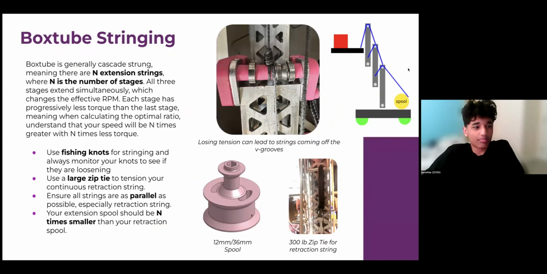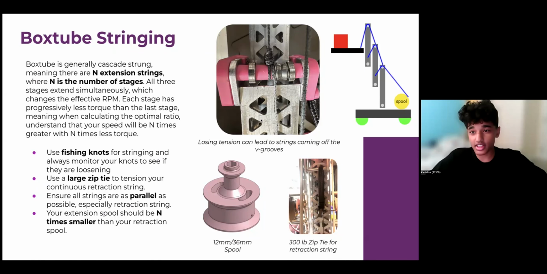Yeah, so for Boxtube stringing, Boxtube is generally cascade strung because you can't have V grooves on the bottom of each stage, and that means there's n number of extension strings when there's n number of stages, so the amount of extension strings you have is the same as the amount of stages.